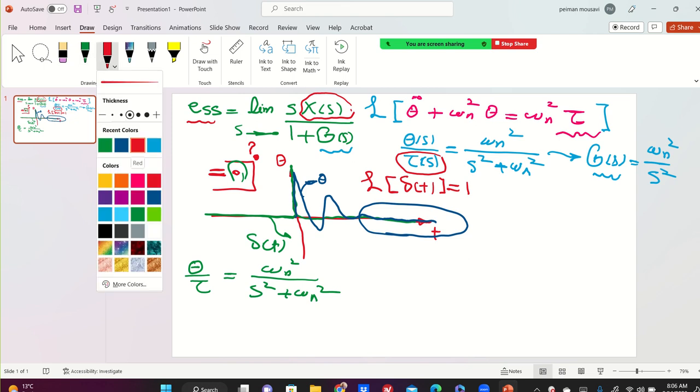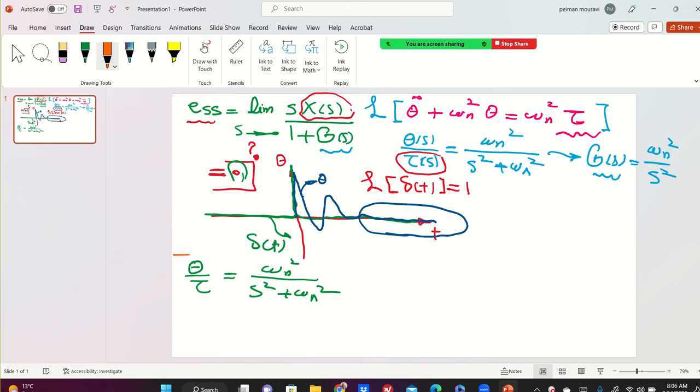If I want to find the time domain solution, which I did in the first class of this semester, we came from time by Laplace transform to the frequency domain. If I want to go back to the time domain, what am I going to apply? Laplace inverse.